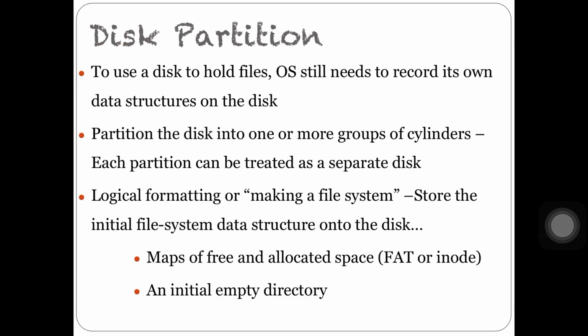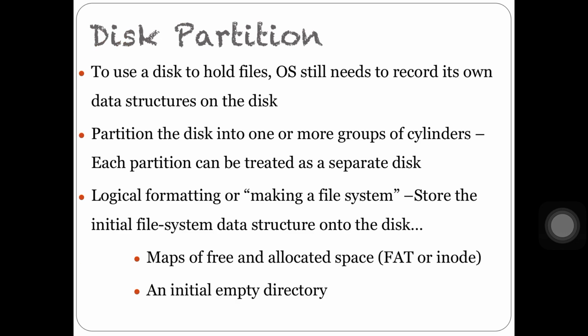For example, we can use one partition to hold a copy of the operating system's executable code, while another holds the user files. After partitioning, we have the second step, which is logical formatting or creation of a new file system. In this step, the operating system stores the initial file system data structures onto the disk.